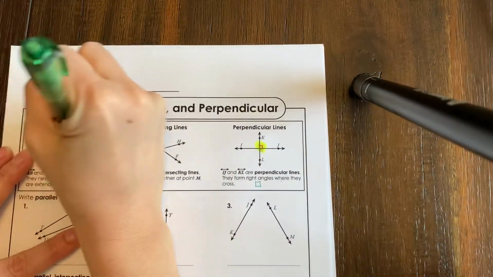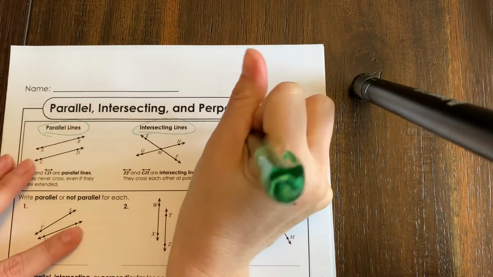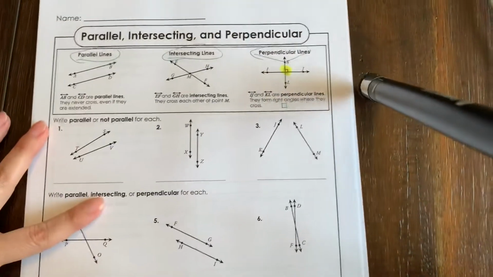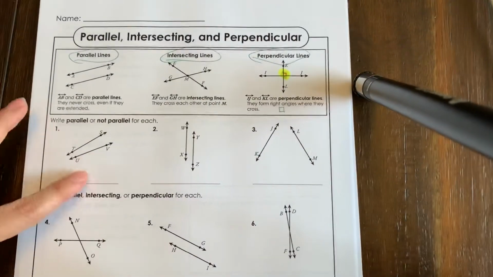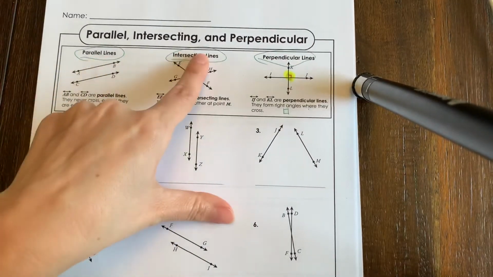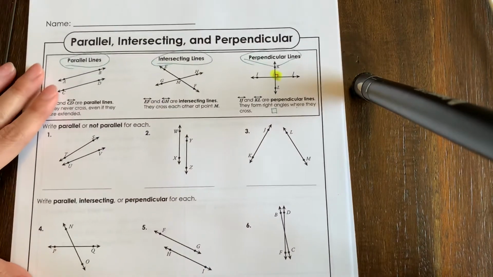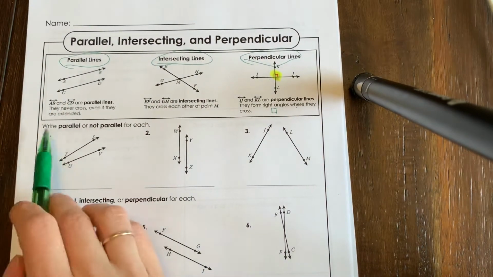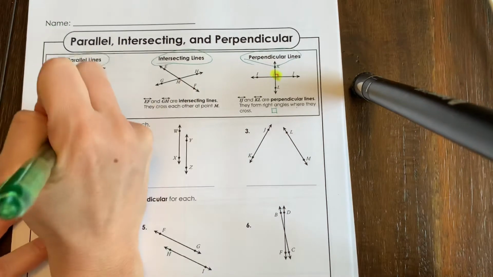So you guys are going to make sure that you have your words right up here. They're easy for you to find. You should be spelling them correctly because you do not have to guess. All right, you're gonna write parallel or not parallel, even easier.